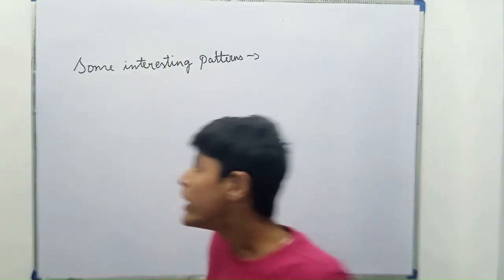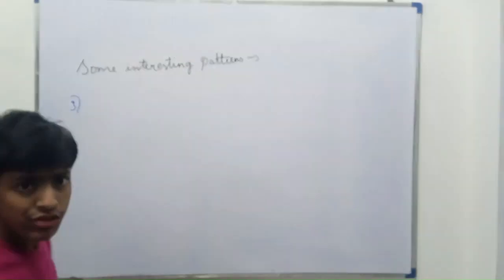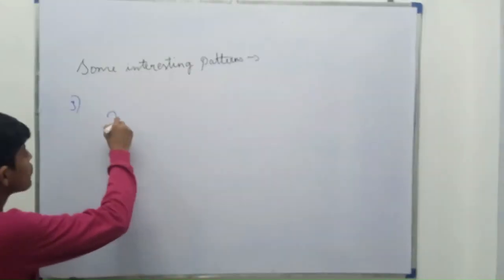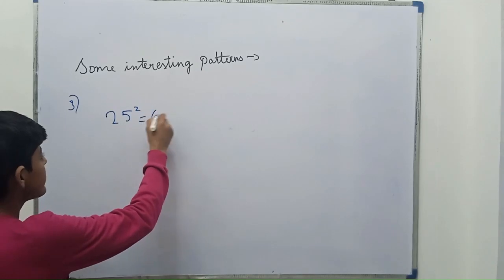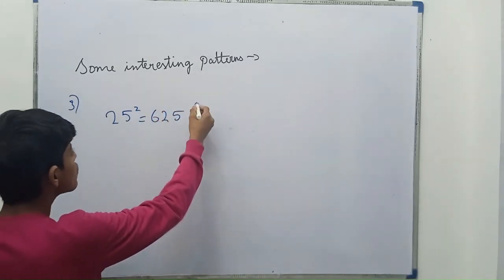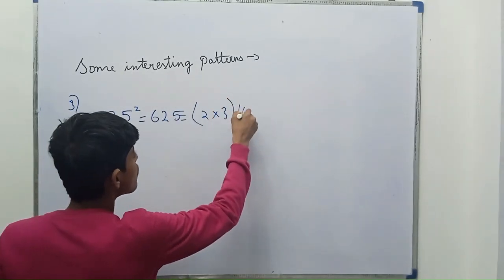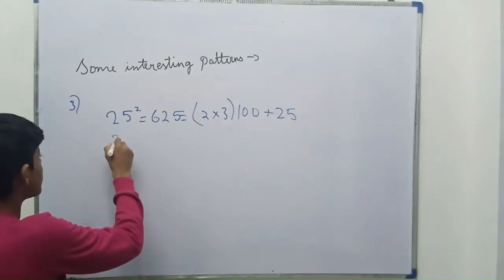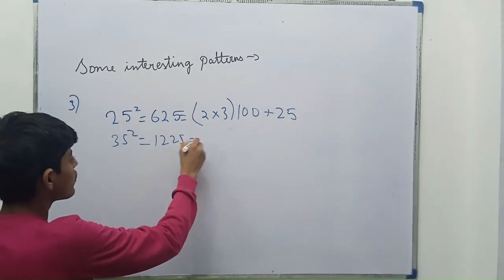Now guys, the third interesting pattern is related to 5. Basically, for numbers which have unit digit 5, what will be their square? Like 25 squared, we all know, is 625. So we can also see that it is 2 into 3, which is 6, into 100 plus 25. Like this, 35 squared is 1225.